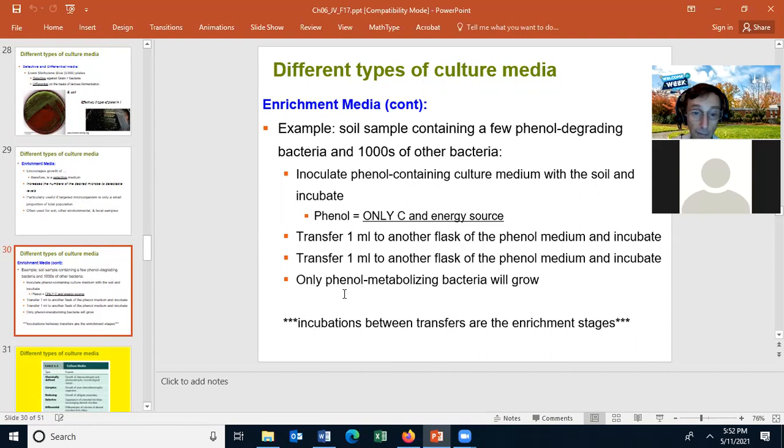Because only the phenol-metabolizing bacteria will grow, we will increase the number of these bacteria so that we can streak it out and have a good chance that we will obtain the bacteria of interest. Any question about any of that?